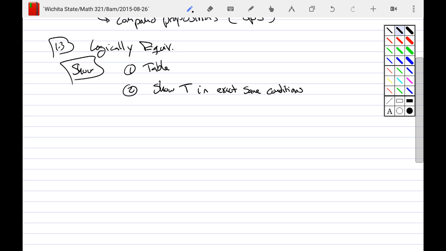For these particular truth values of the simple propositions P, Q, and R, whatever you're dealing with, it'll end up being true in the exact same conditions. Or third, you could simply show false in exact same conditions. You can do both if you want, but it doesn't really help you.